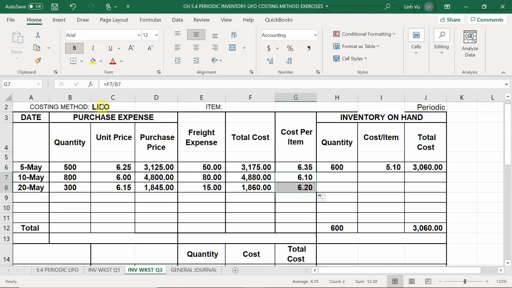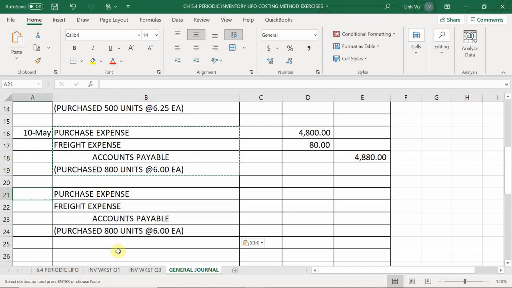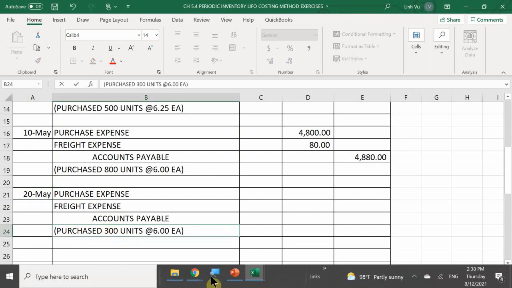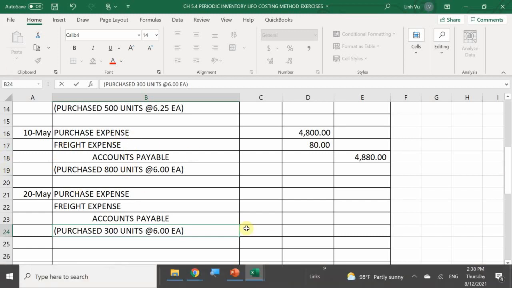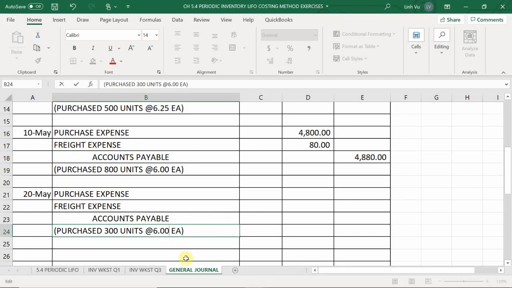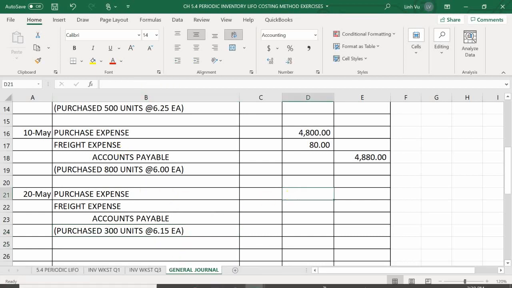$6.20. Good. So let's plug those numbers into our journal because we once again made another purchase of inventory. This time it is May 20th, and we purchased 300 units at $6.15, which we already solved in our inventory worksheet, right?